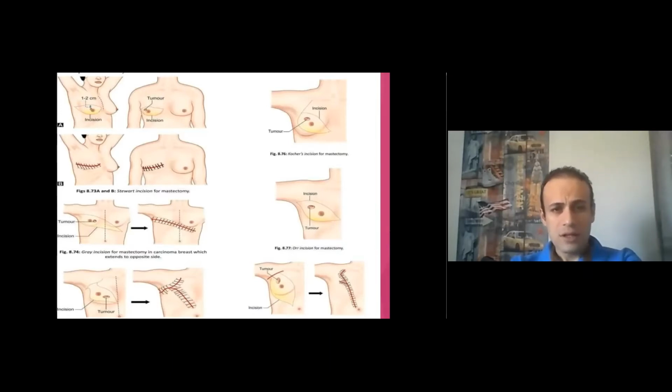Another is the Greenough incision, which is a double incision, and because of the wide scar, it is not used now. Another incision is the Kocher incision. Also, it makes severe post-operative pain and problems with movement of the arm because of the extended scar. As we said, the most commonly used now is the elliptical incision, called the Stewart incision.